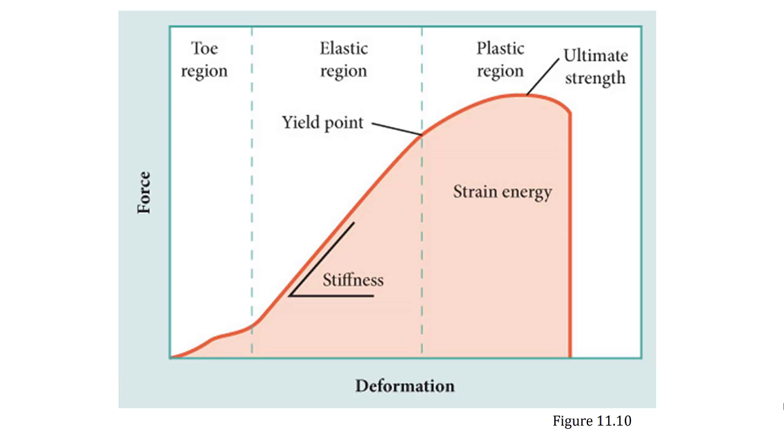On the far left, you'll notice that we have a very non-uniform region of the force deformation curve that is referred to as the toe region. This is the region where the slack is being taken out of the material. The forces are low and the deformations are unpredictable, but to be quite honest, not a lot of exciting things really happen in the toe region of the force deformation curve.